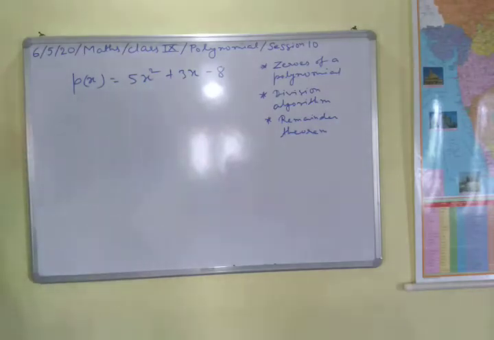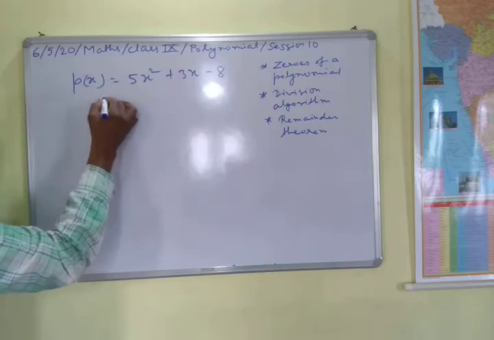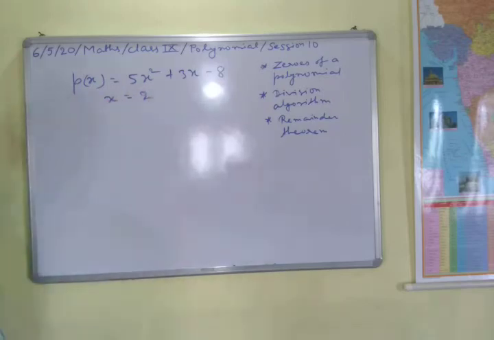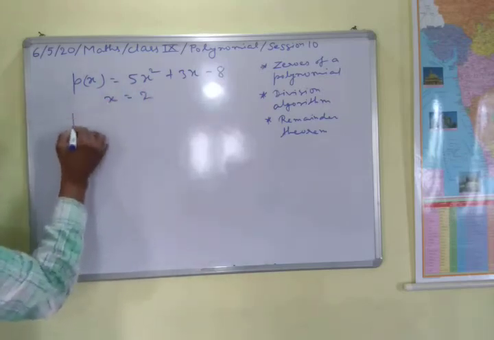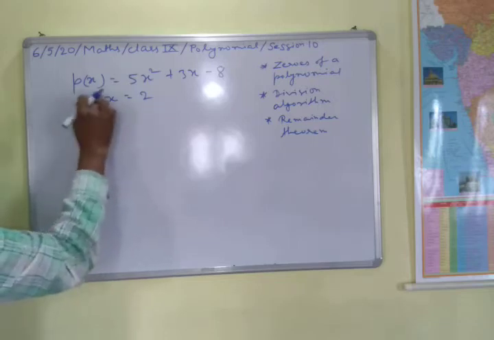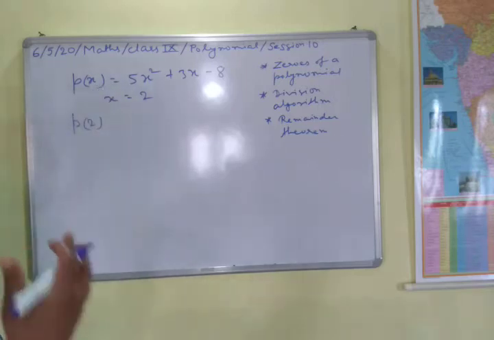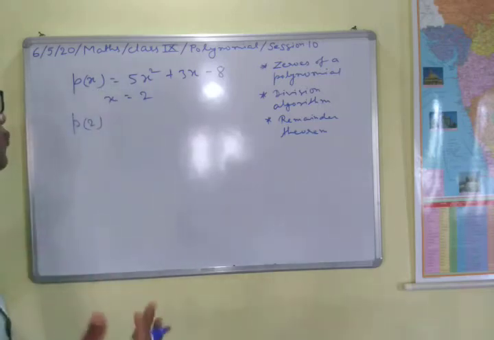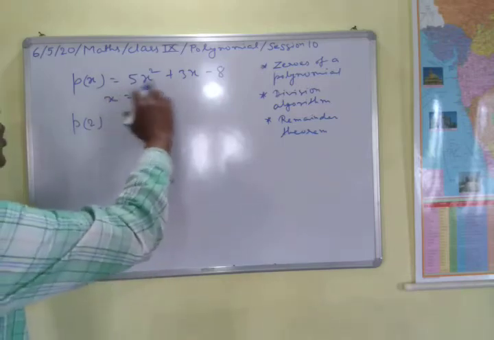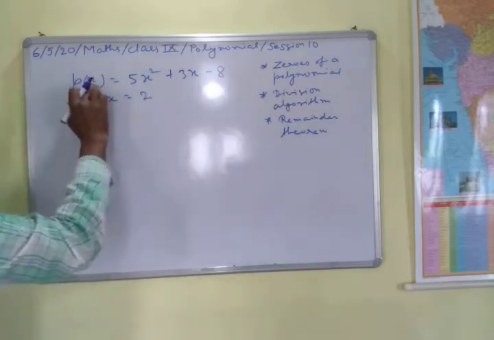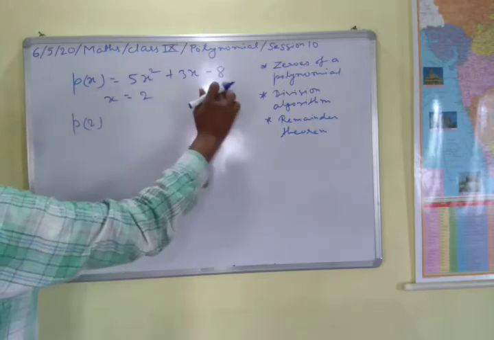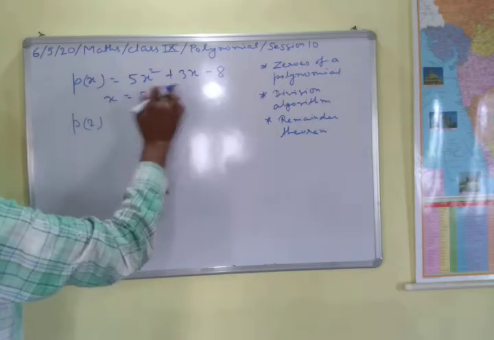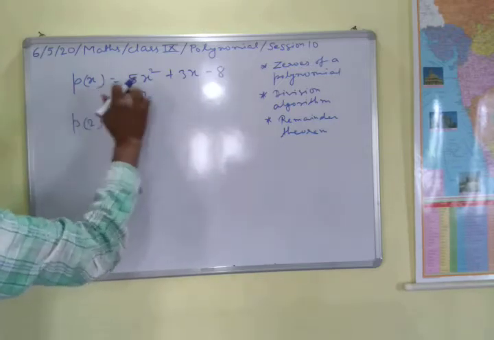Now this is the polynomial, and suppose we take x equal to 2 and find p(2). Here p(x) is just a symbol for representing this polynomial. p(x) means x is the variable here, because this is a polynomial of only one variable x, that is why p(x). So this is the name of this polynomial.